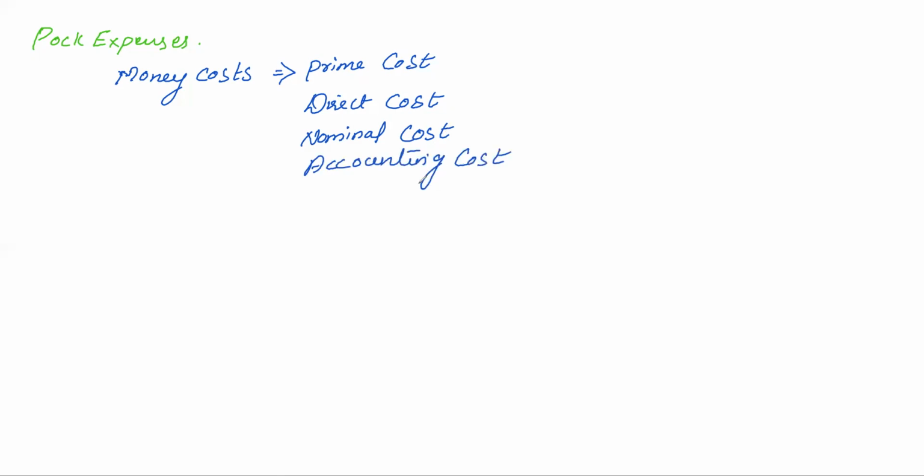These are all other names of money cost. Then another one is explicit cost or out of pocket cost, suiting to context. Okay.